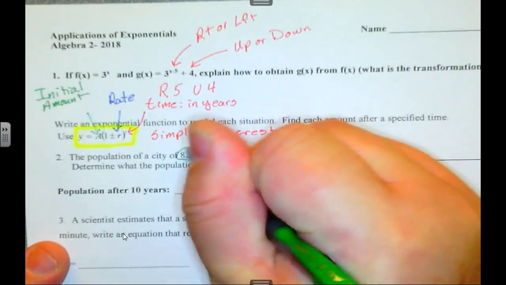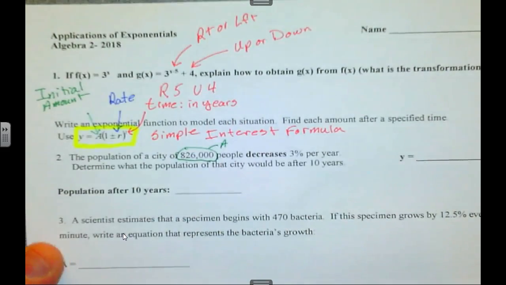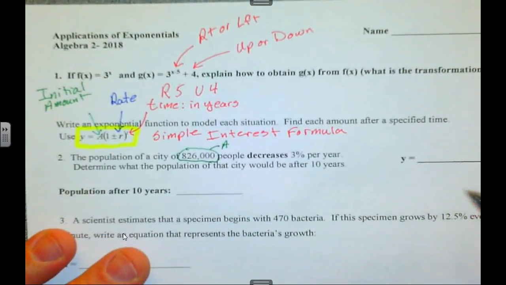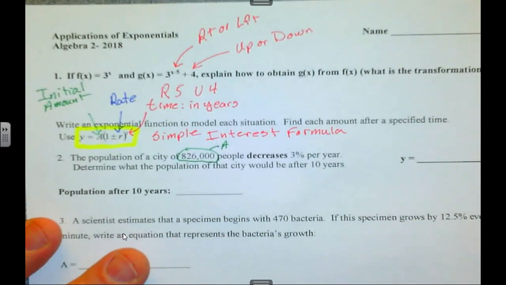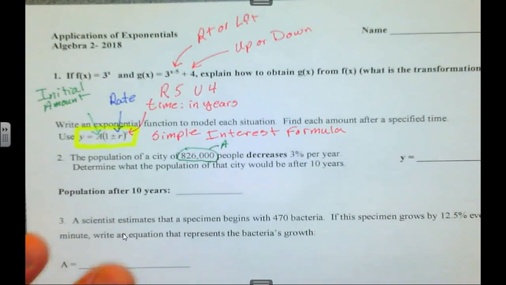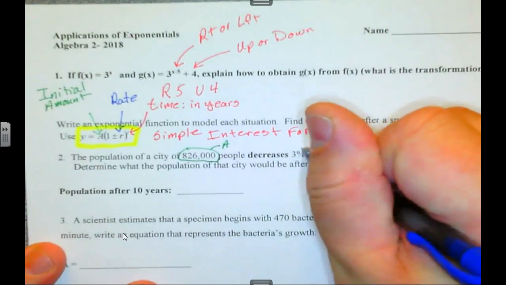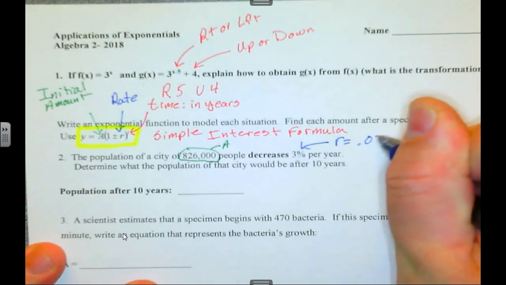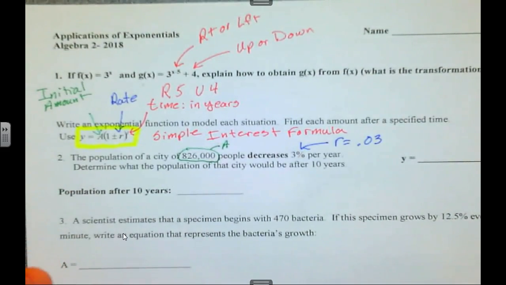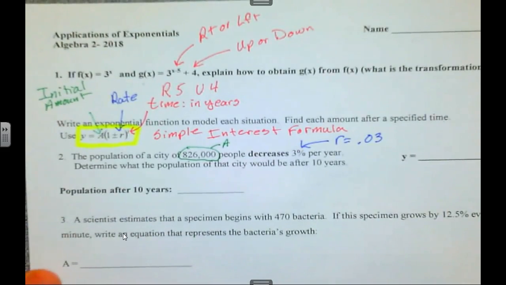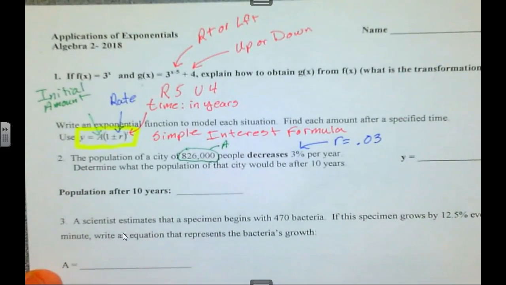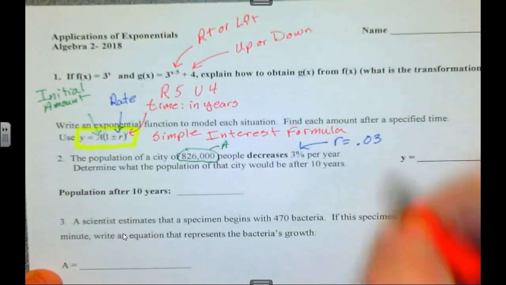A. It decreases, so we're going to use a minus sign, 3% per year. That's R. How do I write it? 0.03, move it over 2 places, right? Determine what the population of the city would be after 10 years. What's 10? T.